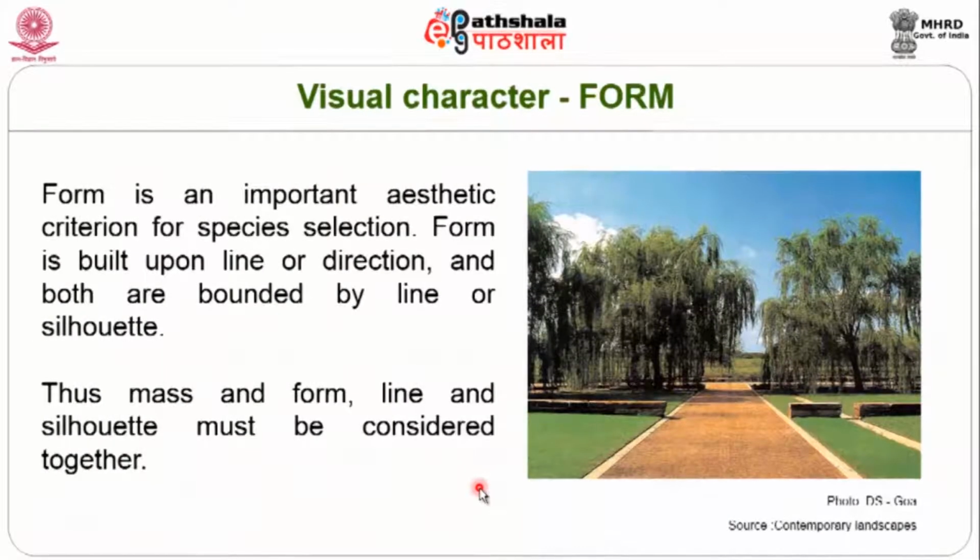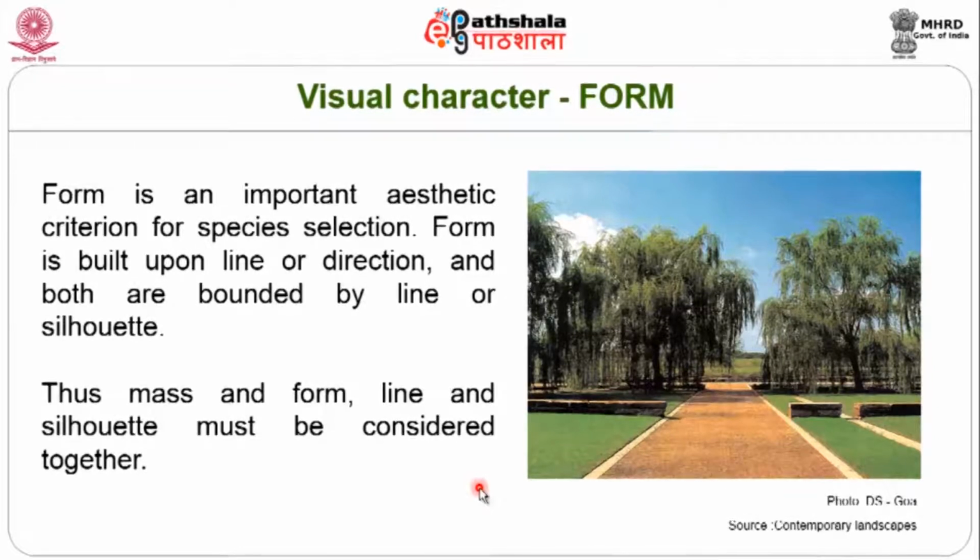It becomes an important criterion for species selection, looking at its lines, the direction of the leaf patterns, the lines which are created, the ascending or descending habits, and also the silhouette created by the entire plant structure itself.